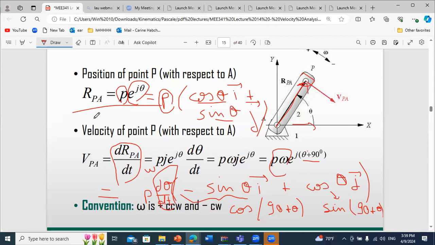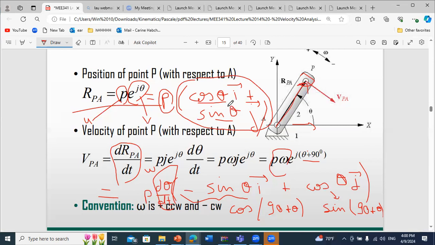I consider that this represents U, this represents V, and the derivative will be U prime V plus V U prime. So let me derive P dot times this vector plus P times the derivative of this vector with respect to time. To derive this vector with respect to time, i and j are fixed.